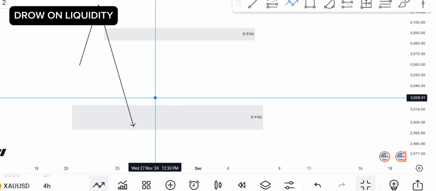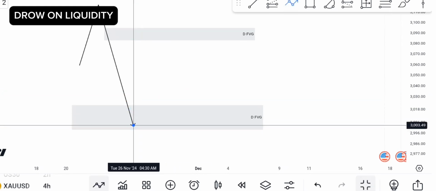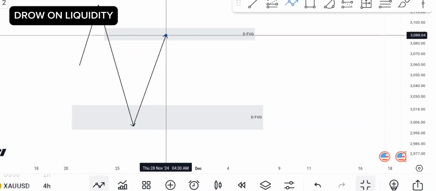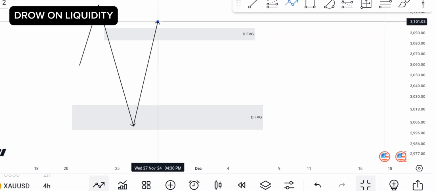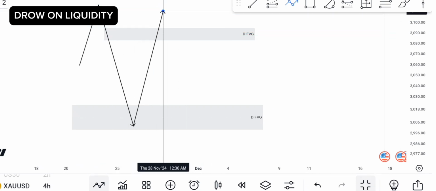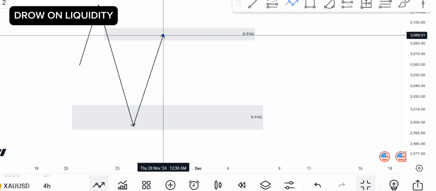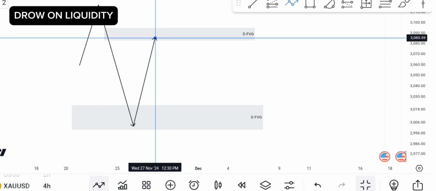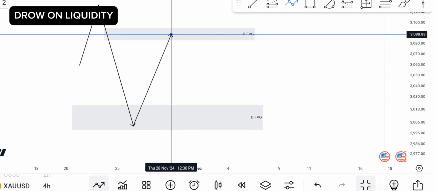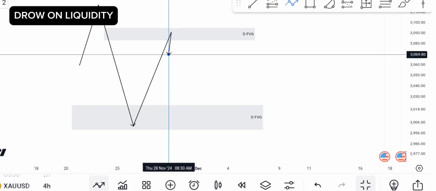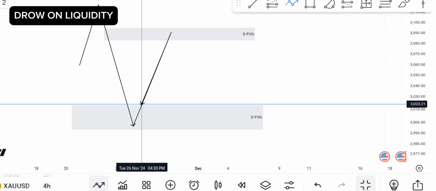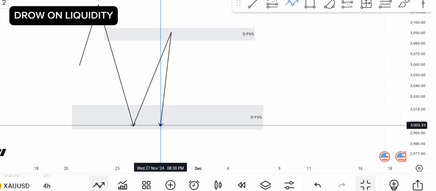In case price taps this daily fair value gap, you will see rejection from it, and we can't expect this swing high in this scenario, because here is another fair value gap of the same power. So price will tap this and start showing rejections from this fair value gap, and this swing low will be your draw on liquidity.